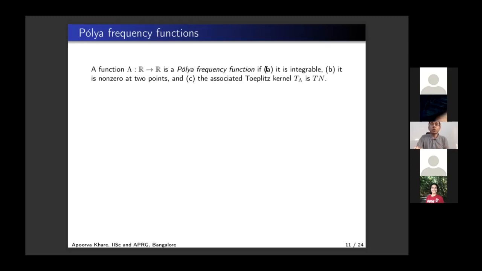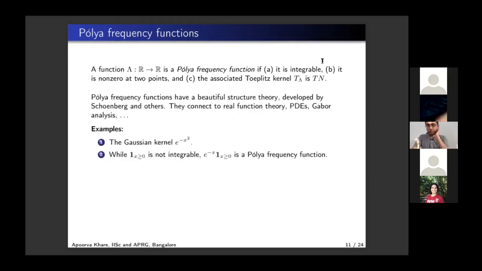So a function lambda from R to R is a Polya frequency function if it's integrable, secondly, it's non-zero at at least 2 points, and as I said, you can prove from that it's non-zero between them. Thirdly, the associated Toeplitz kernel is totally non-negative. And because it's totally non-negative, all the 1-by-1 minors are non-negative, so this function is not only integrable, it is non-negative and integrable. That's by the definition itself.